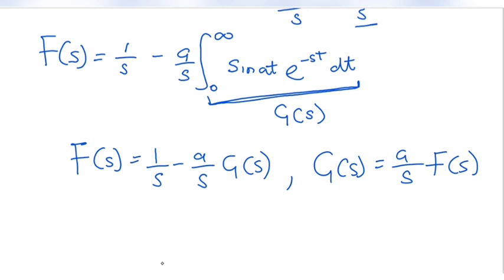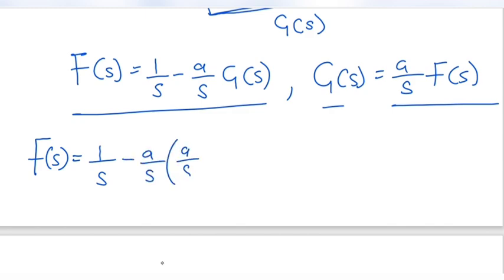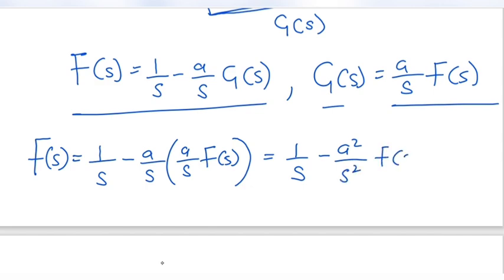We can substitute the value of g of x as this into this equation. And if we do that, we'll have that our f of x, this is just algebra guys, 1 over x minus a over x into a over x f of x. And this is same as 1 over x minus a squared over x squared f of x.